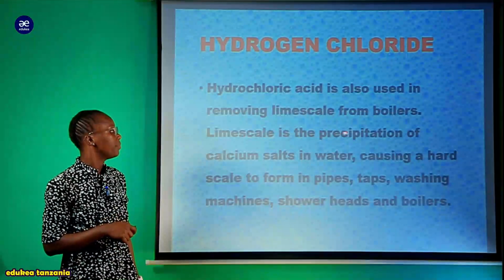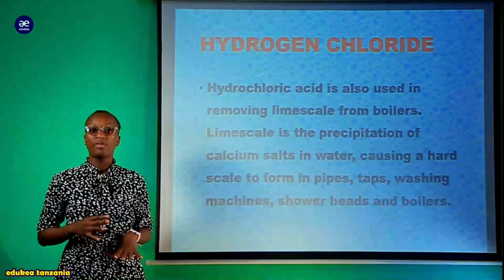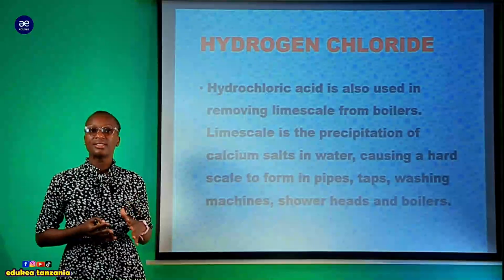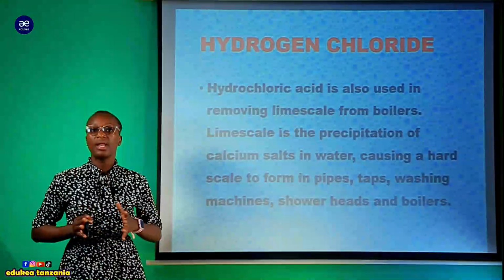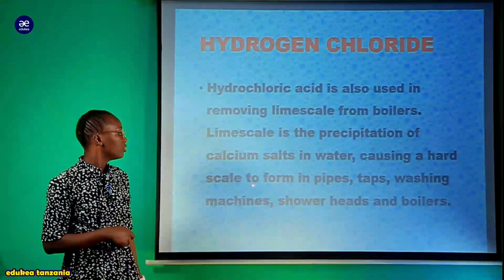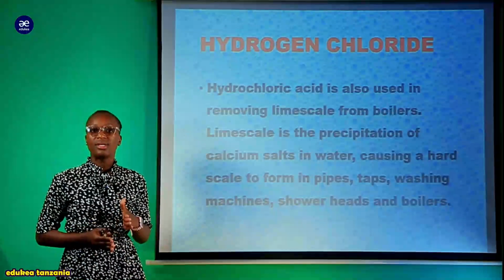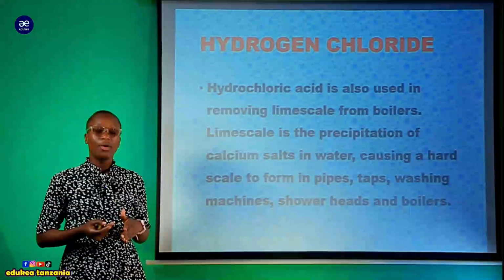Ambapo lime scale is the precipitation of calcium salt in water. I have said kunakuwa na formation ya kunatengeneza baadhi ya scums kule kwenye ukuta wa ile boiler, ile libomba. Now causing a hard scale to form in pipes, kwamba inatengeneza ugumu kabisa unatokea pale kwenye zile boilers.